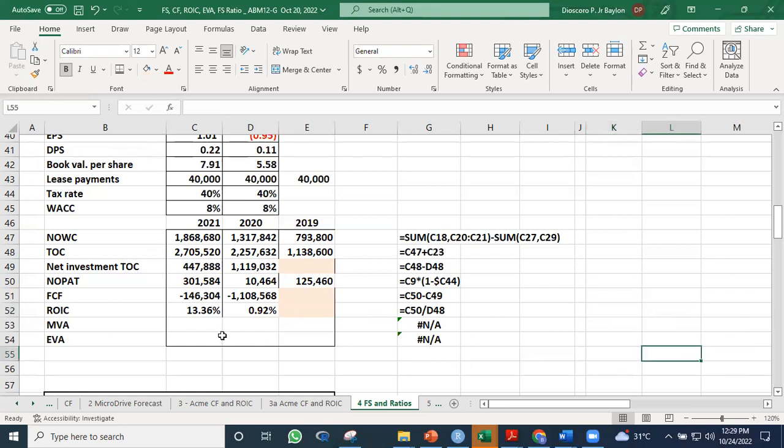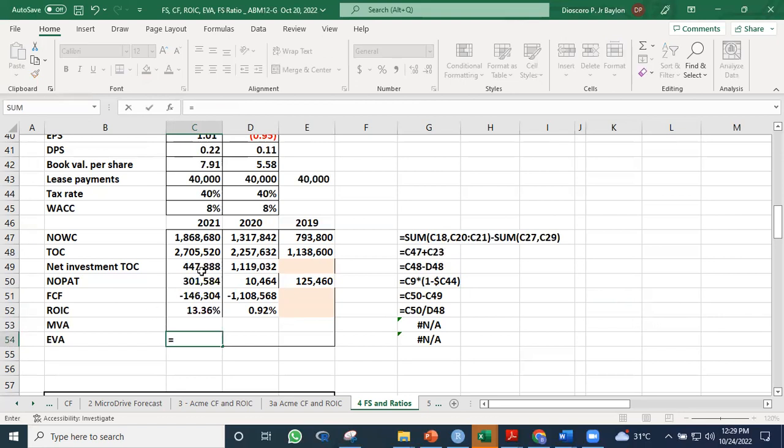So, last two, ito na lang. Okay, EVA muna tayo. How do we compute for the EVA? Again, yung kwento niyan, nakapag-generate ng NOPAT, right? Nakapag-generate siya ng NOPAT. Okay, pero i-minus natin yung capital charge. Ano yung capital charge, class?